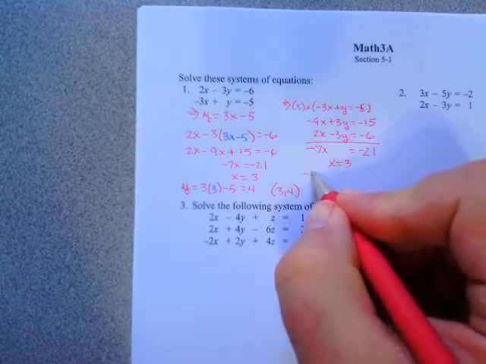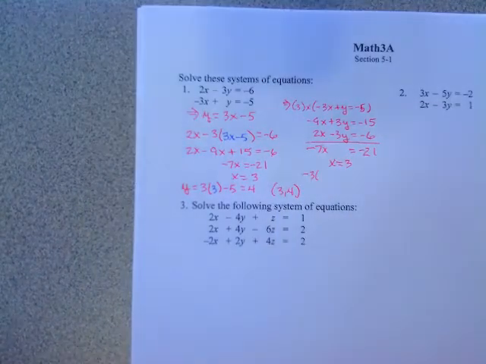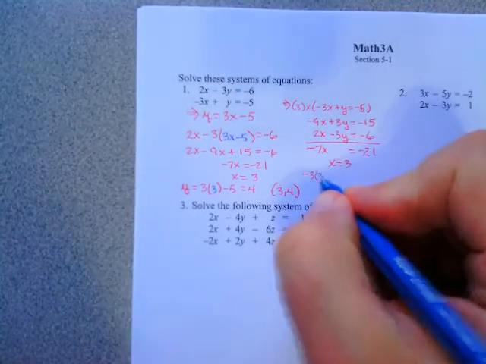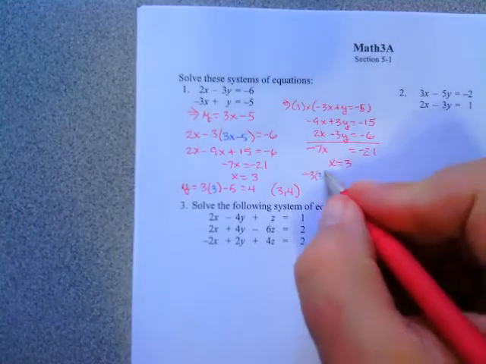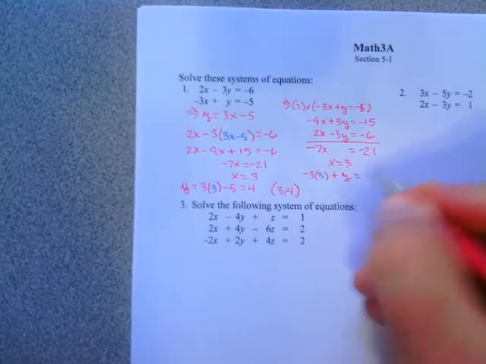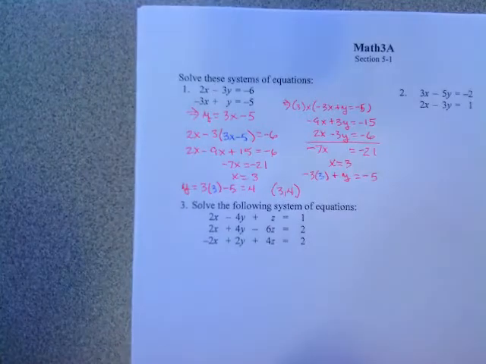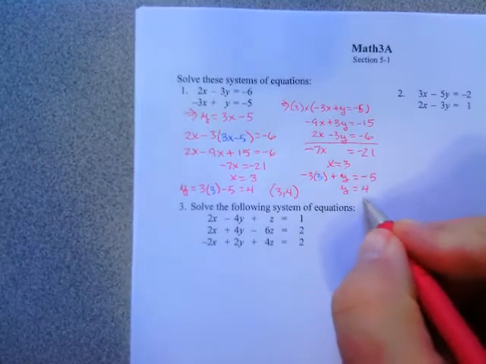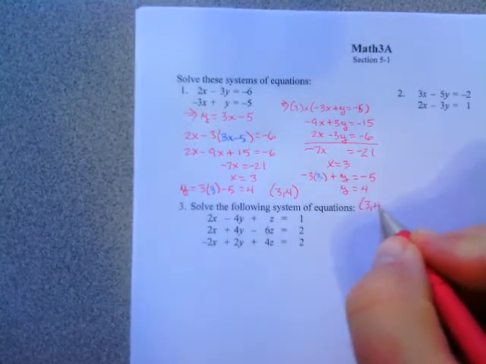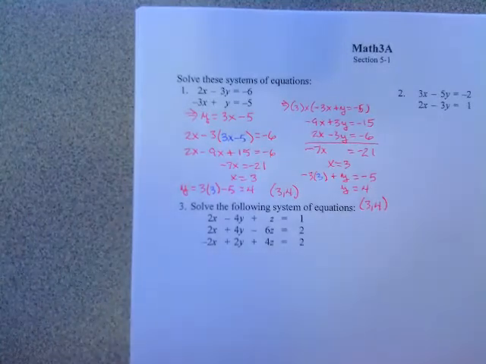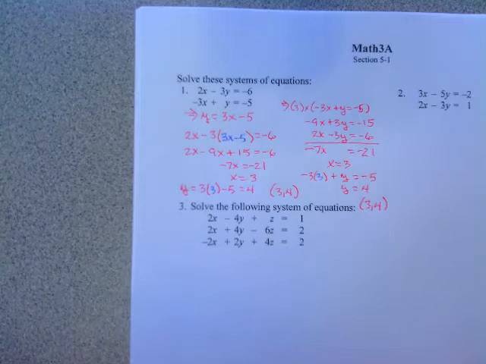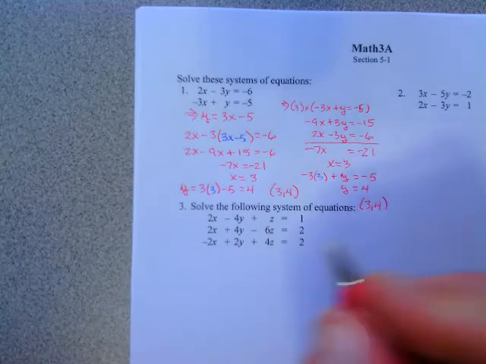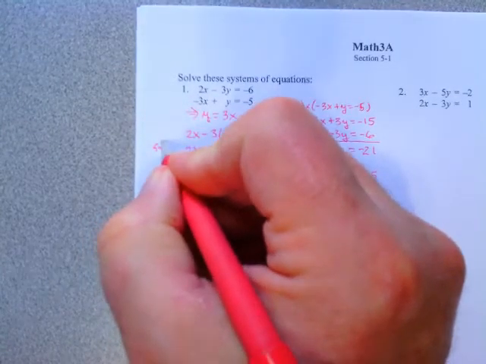Negative 3 times, again, the 3 that I just found, plus y equals negative 5. So, rearranging, that ends up with y equals 4, and so I have the same answer there, 3, 4. So, this was doing substitution.